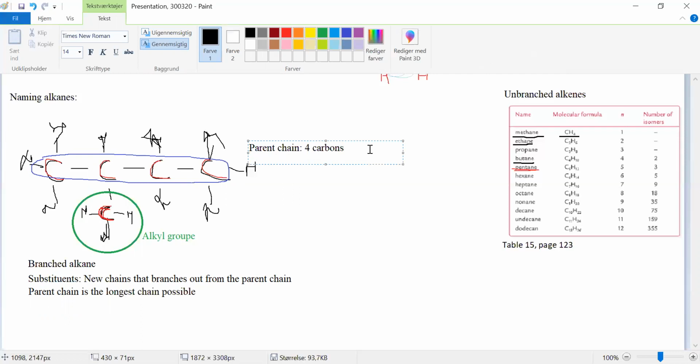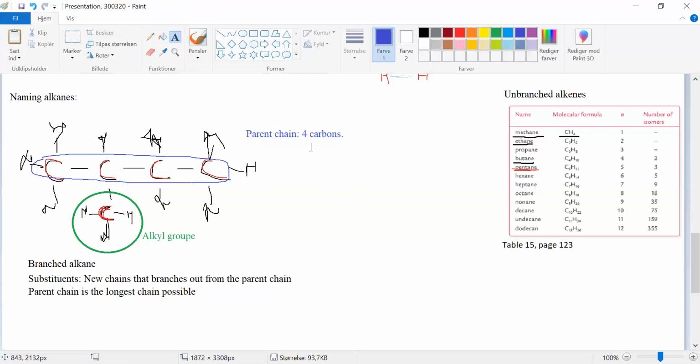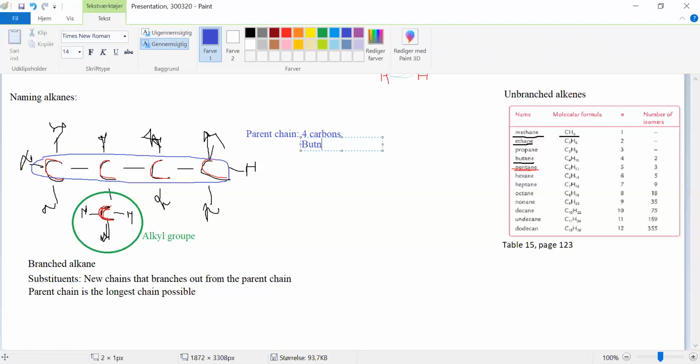And when the parent chain is 4 carbons, you should name it butane. When the parent chain is 4 carbons, it's a butane of some sort.